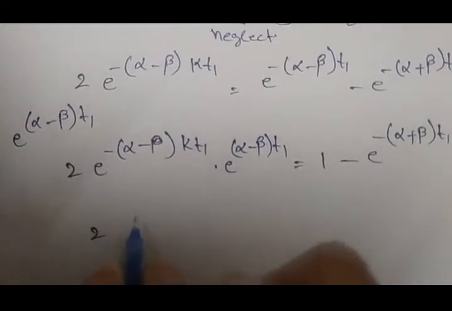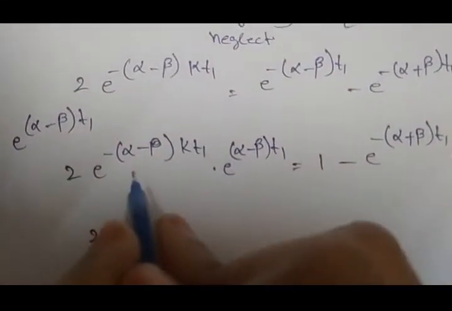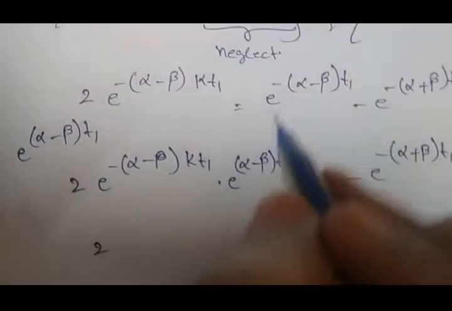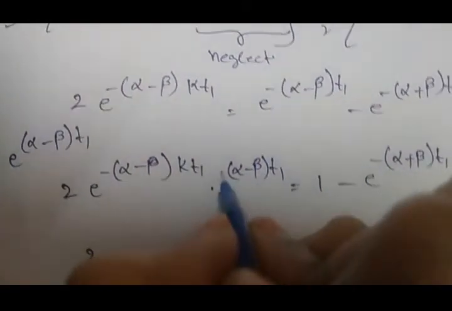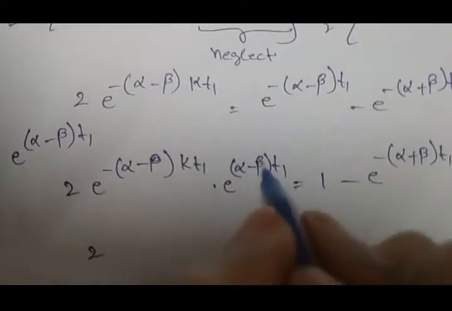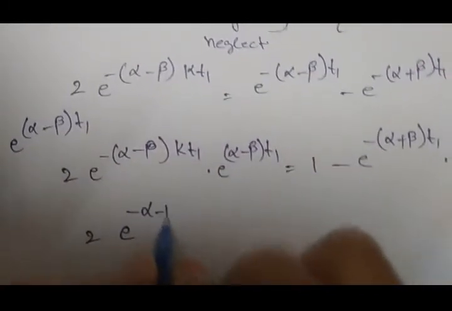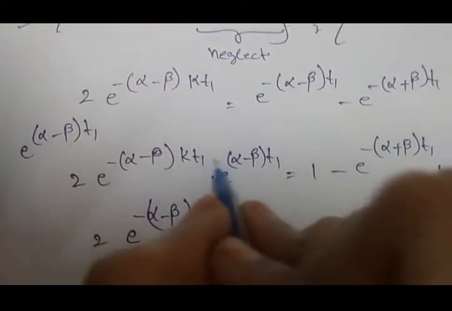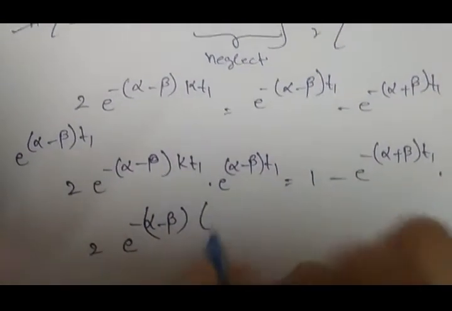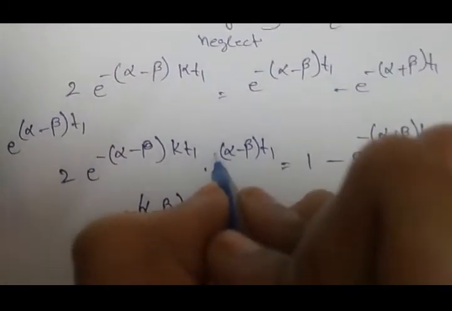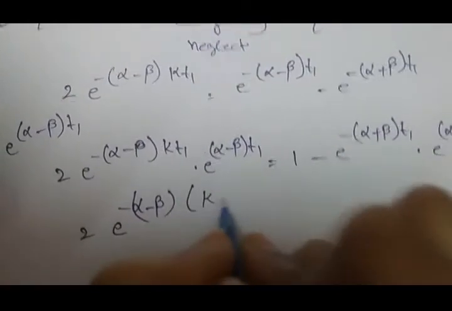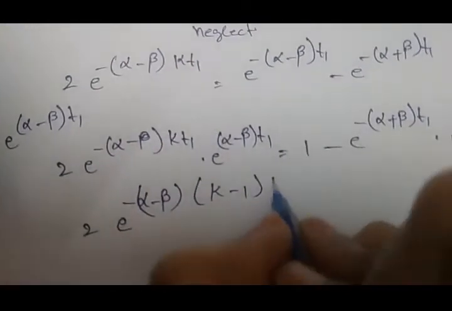Equals 2 into. So if I consider any case, it will be e power minus alpha minus beta. If I take it as common, minus 1 will be there. If I consider minus and minus, it will be k minus 1 T1.